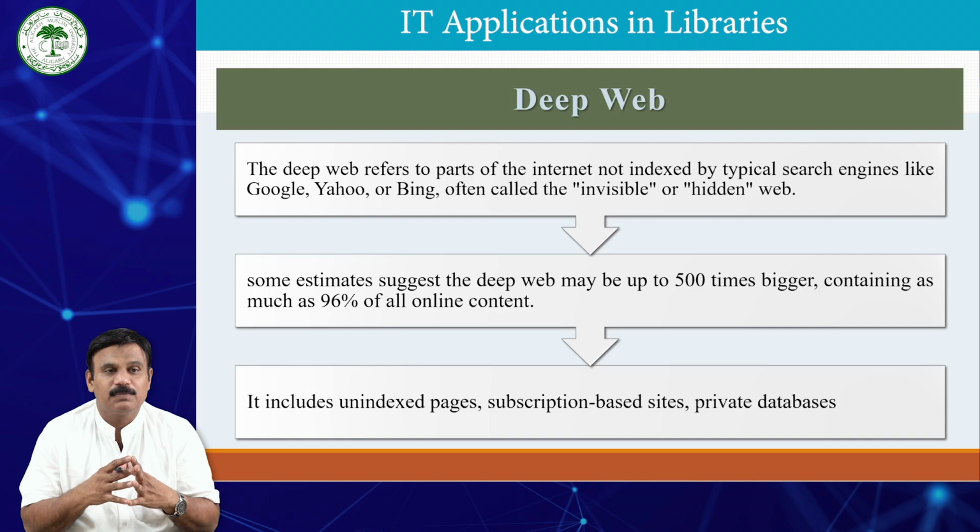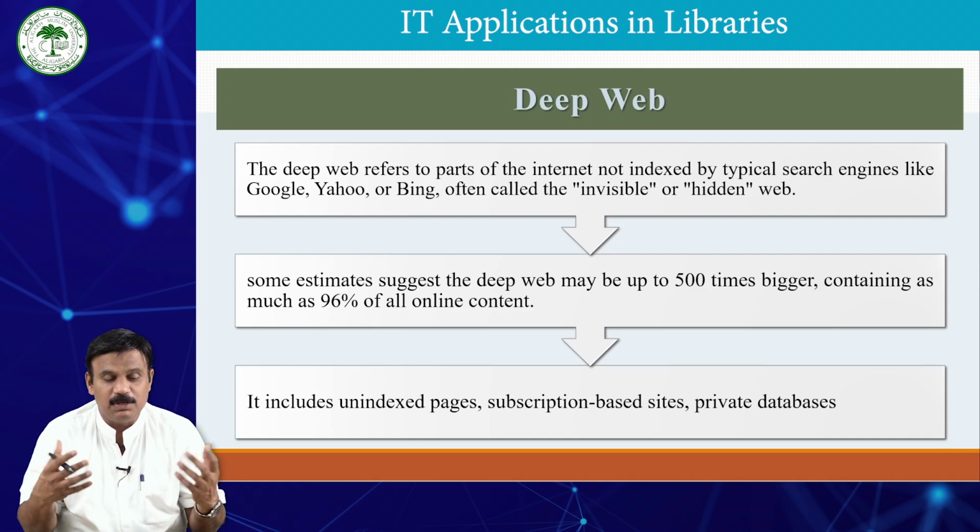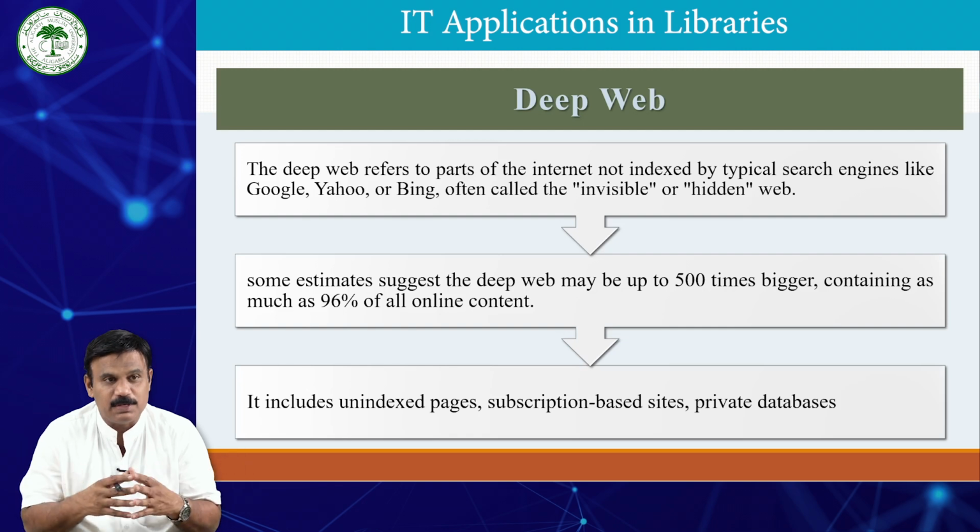That means when we search on Google and other search engines, we are able to get very few documents, while 96% of content is available in the deep web. That includes unindexed pages, subscription-based sites, private databases, communications through emails, and so on.